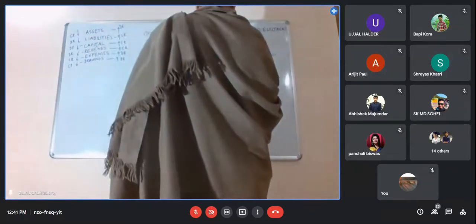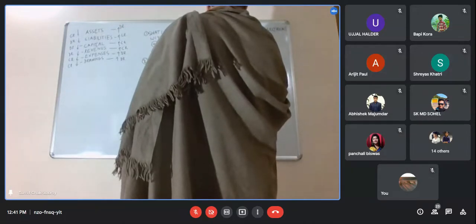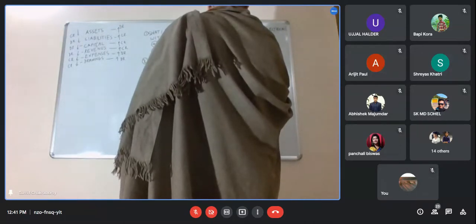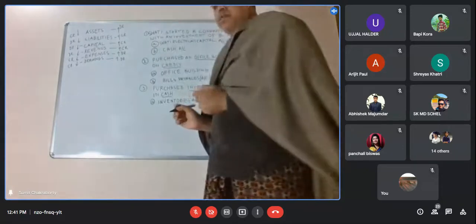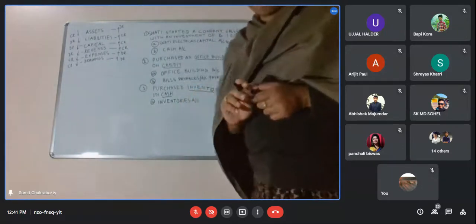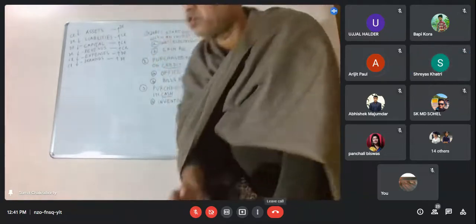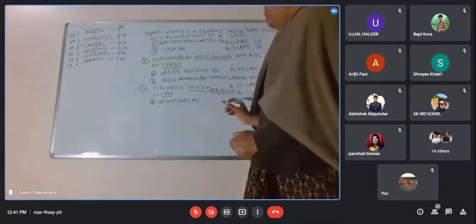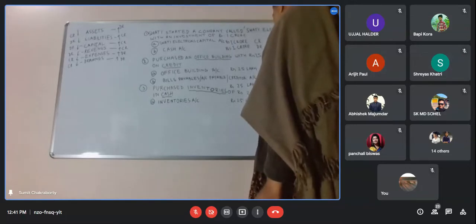It should be debited or credited, rupees 25 lakh. Inventories account should be debited or credited. Anybody? Sir, debited. It should be debited because inventories fall under asset. So it should be debited.